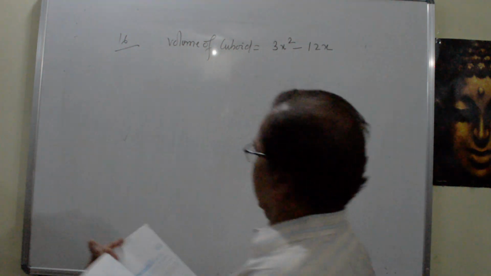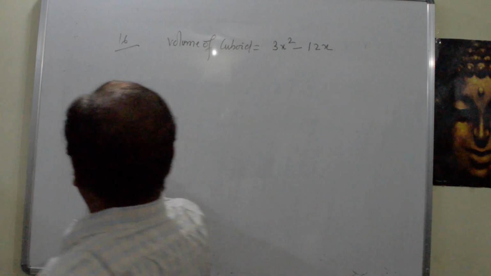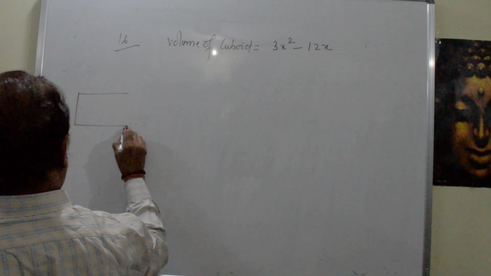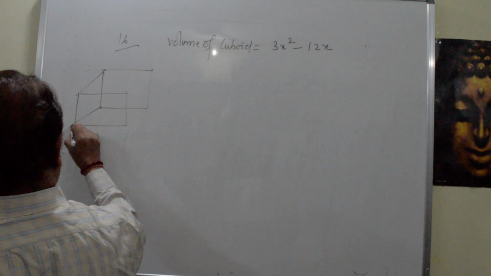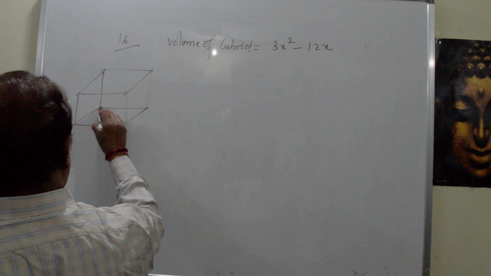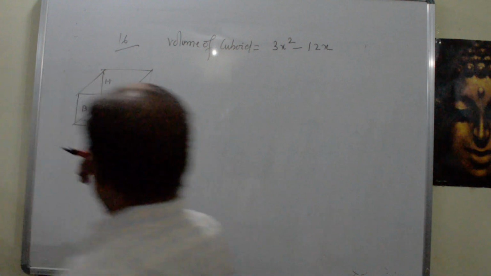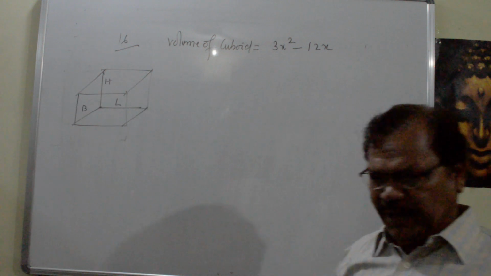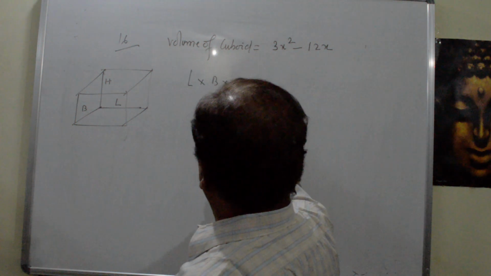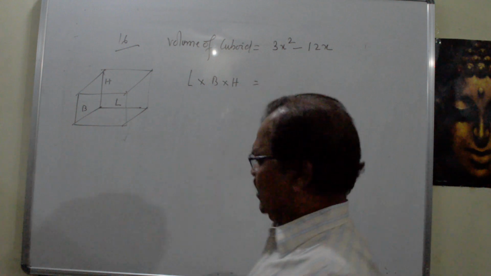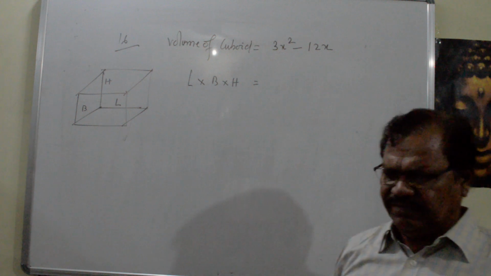So first of all, let us write the volume of a cuboid as you know. Here is the figure of a cuboid. This is length, this is breadth, and this is height. So length into breadth into height is the volume of the cuboid. So from the left hand side, you have to break the right hand side into 3 factors.